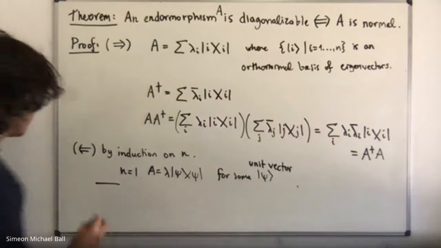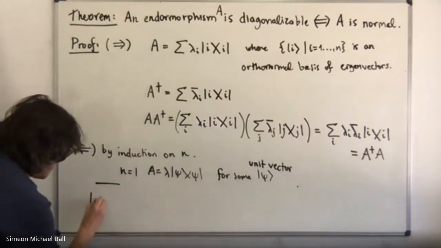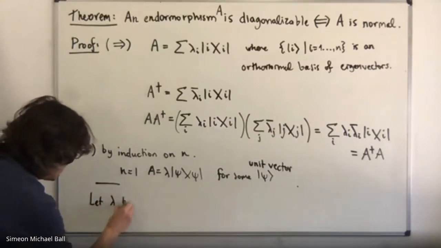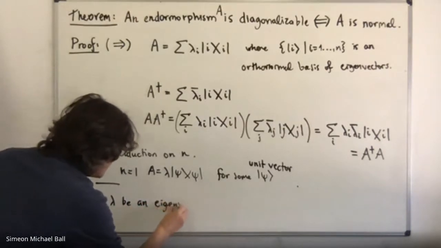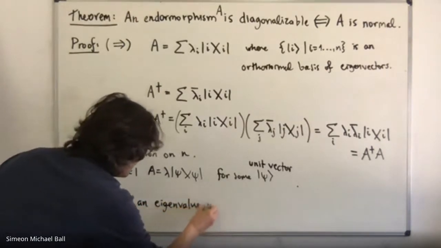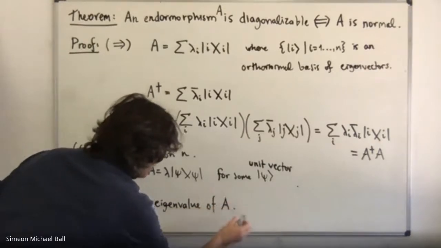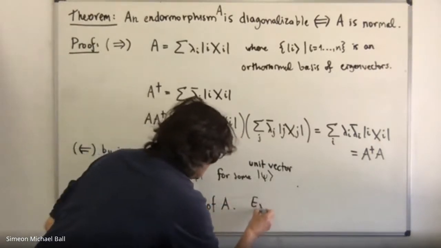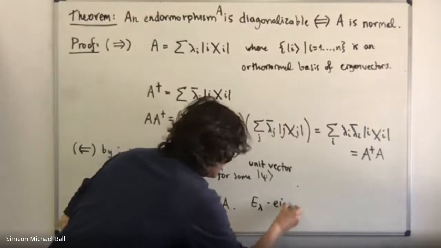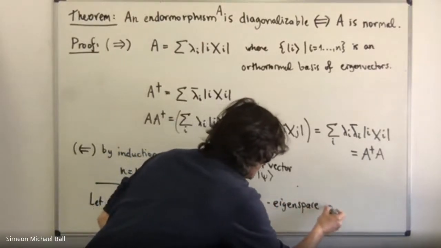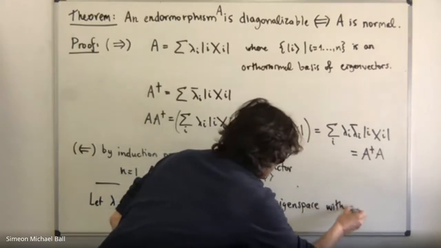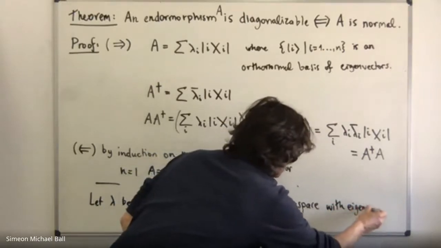So we're going to let lambda be an eigenvalue of A. E lambda is going to be its eigenspace with eigenvalue lambda.